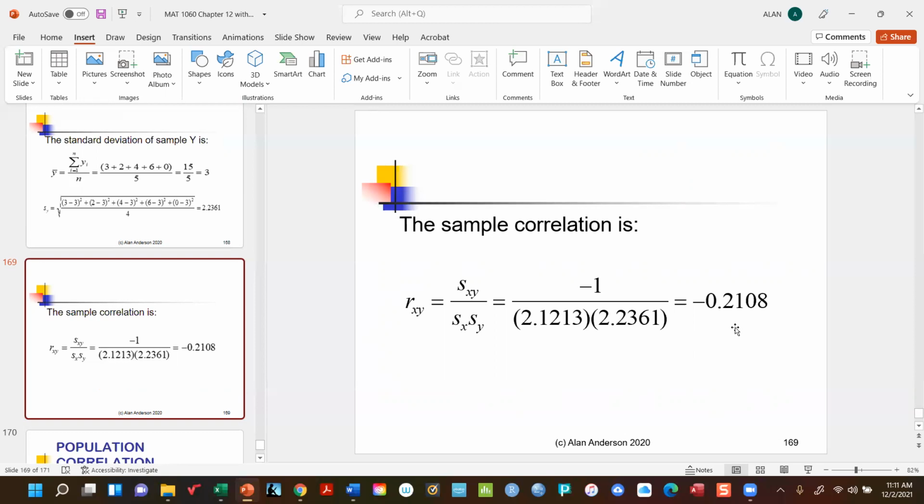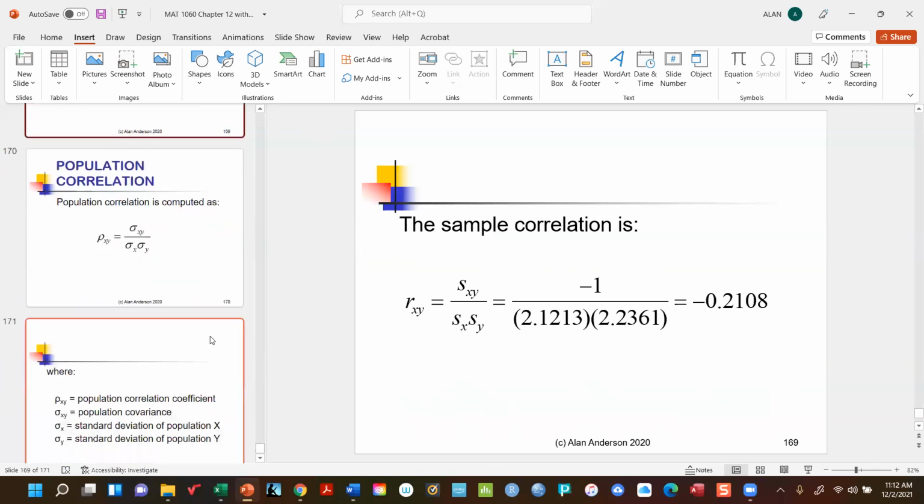We can't be sure that people are actually buying the product because they saw it on TV, but it's suggestive that they probably are, because if every time we raise our advertising budget, our sales tend to go up, that would be a good sign. And that's one way in which we could use something like this.